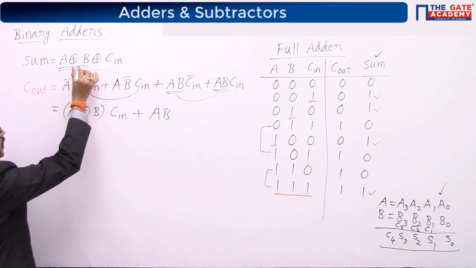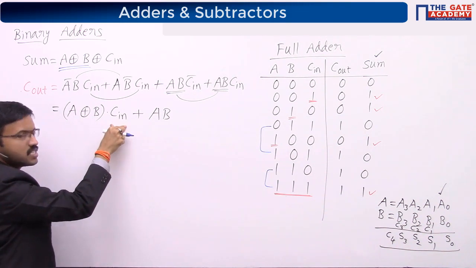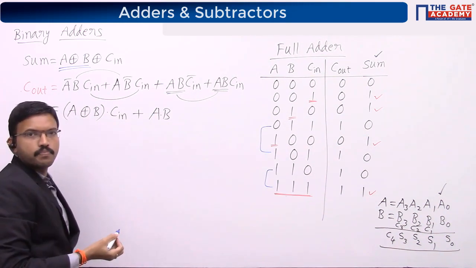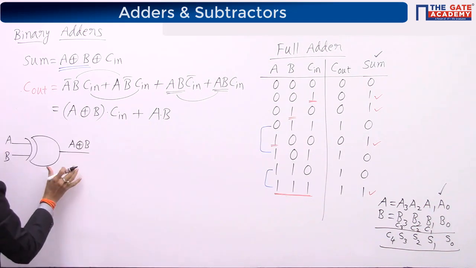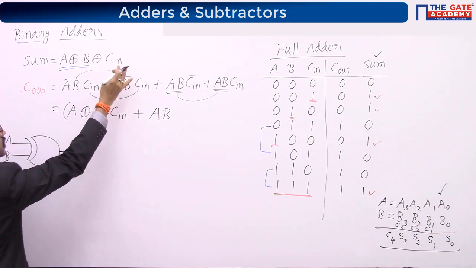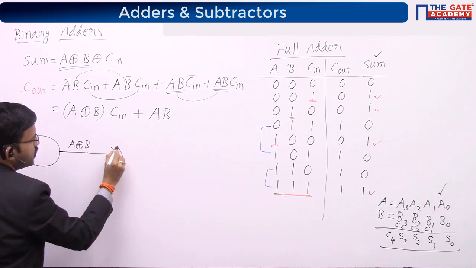That A exclusive OR B, one input for the AND gate, other input is Cin. Similarly, one more AND gate is there, their inputs are A and B. These two AND gate outputs I will pass through an OR gate. Here I am getting A XOR B up to here, but I require an exclusive OR with Cin, so I will use one more exclusive OR gate.